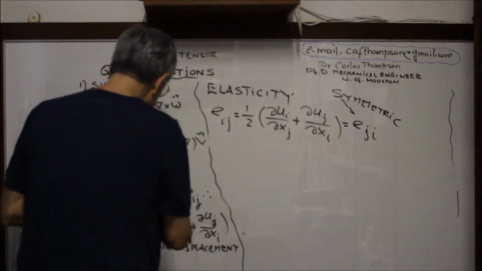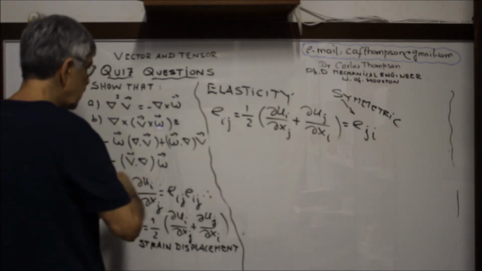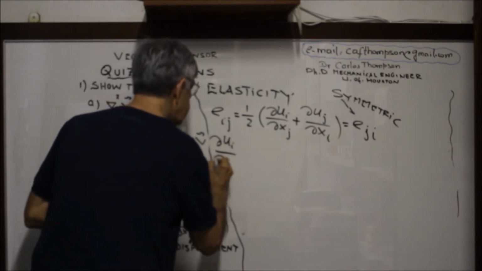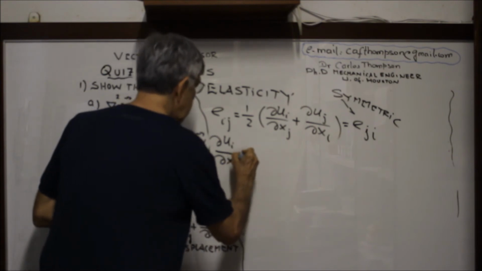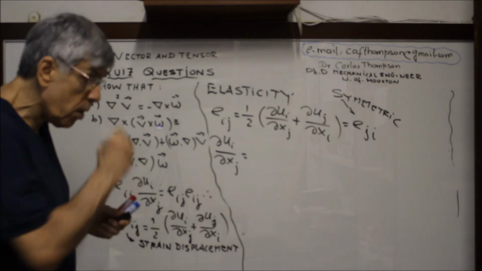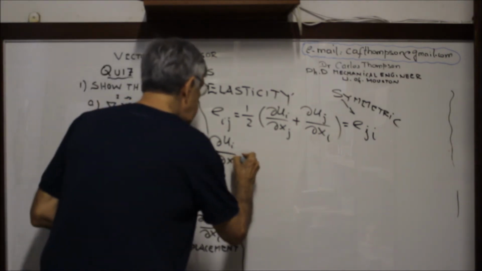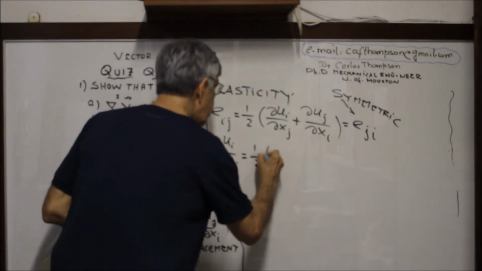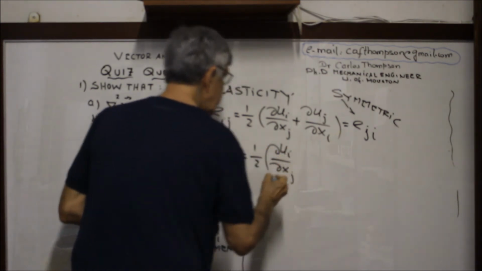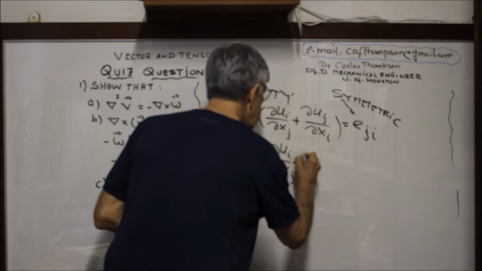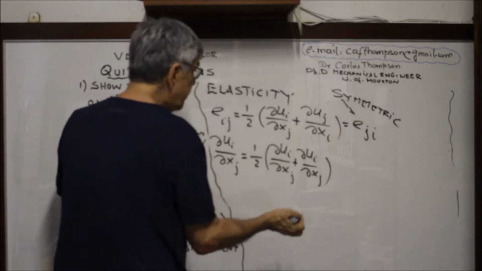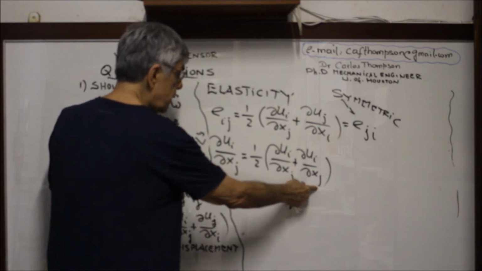Now, let's decompose the partial of ui with respect to xj into its symmetric plus skew-symmetric part. Now, I put here 1/2 partial of ui with respect to xj plus partial of ui with respect to xj. It's obvious because this quantity is the same as this.